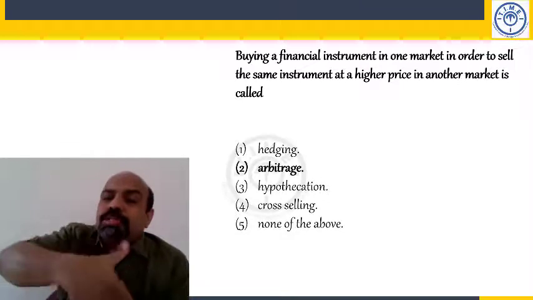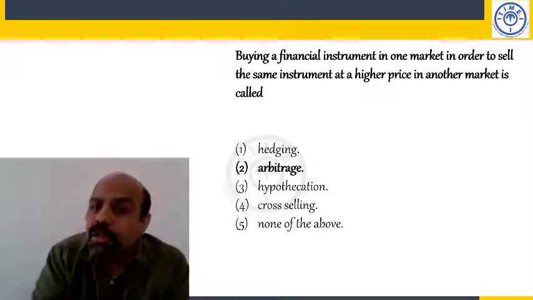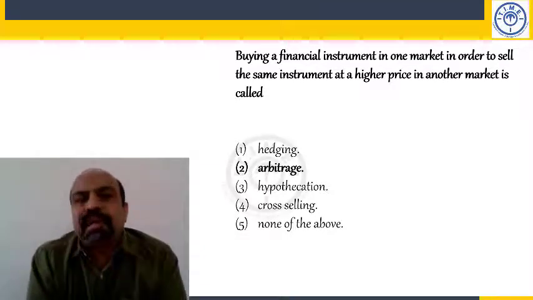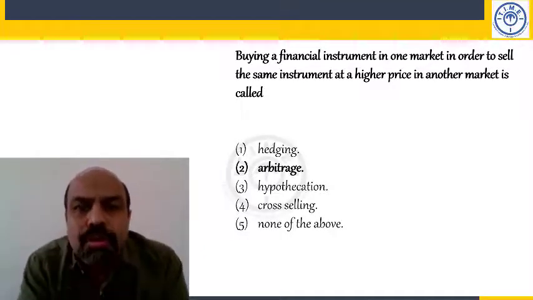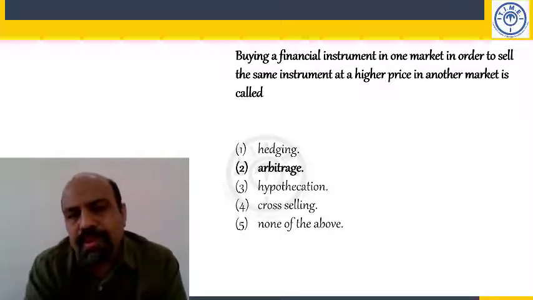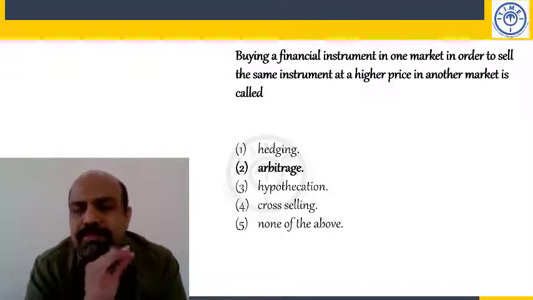So if there is a loss from any of these investments, the loss can be compensated with profits from other investments. That's the idea of hedging. Do not put all your eggs in one basket. यही है इसका. ठीक है? Simple way.